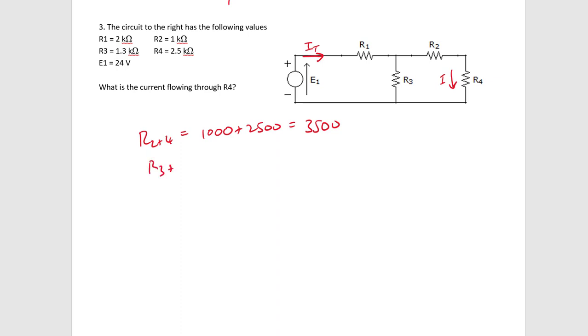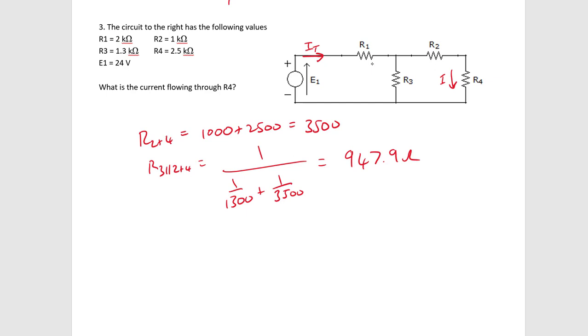R3 in parallel with 2 and 4. So that's going to be the reciprocal of these two added. And what you should get from there is 947.9, sorry.